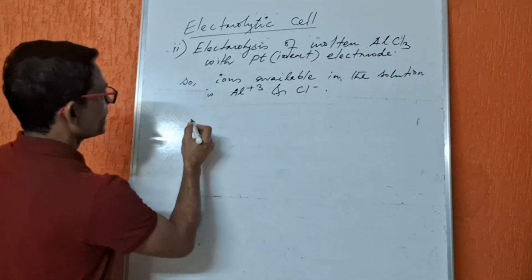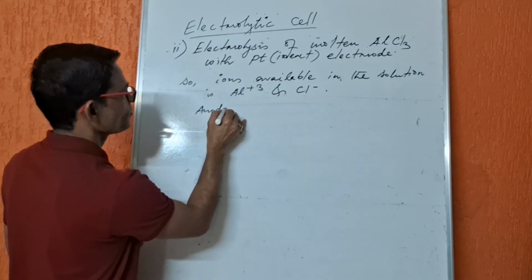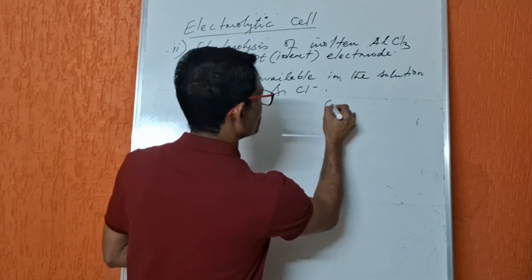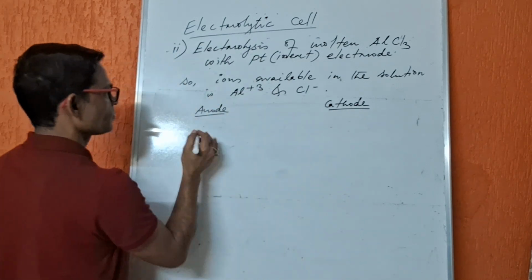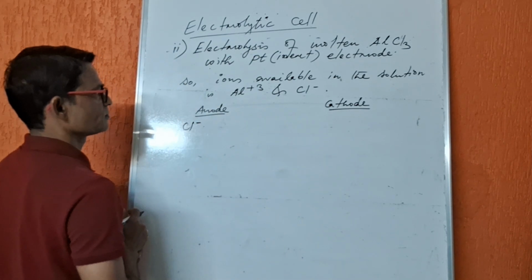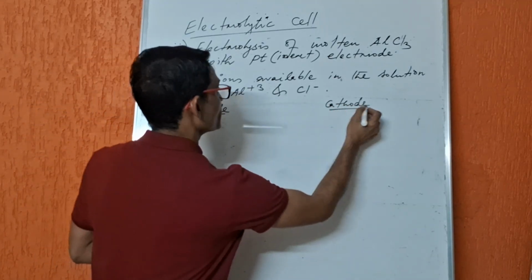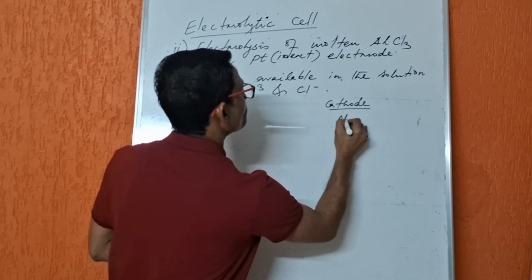At the anode will come Cl minus, and at the cathode there will be Al plus 3.